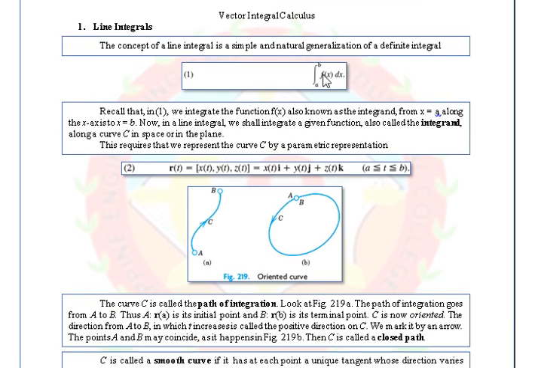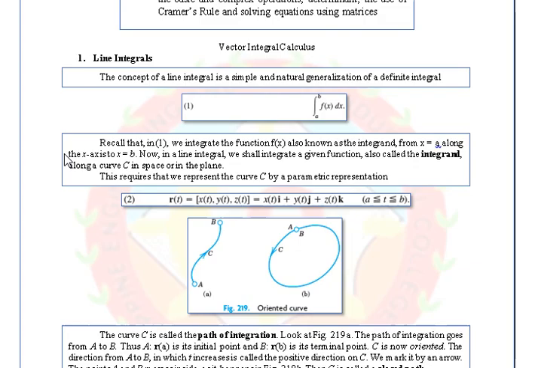So this line integral is not only specific to that path, but we can also use it to evaluate the integral of a certain function in any path, not only along the x-axis, but all possible paths that can be specified from one point to the other point.